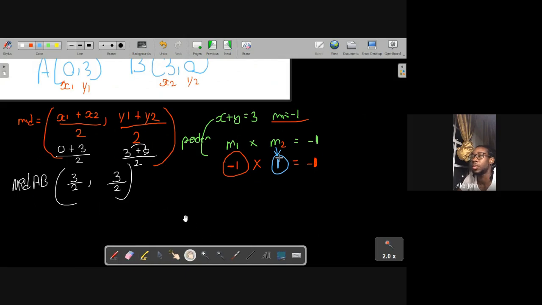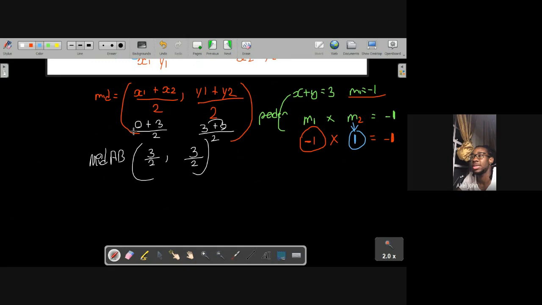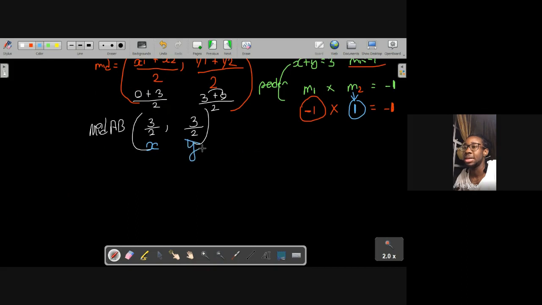So now that we found the gradient of this line, we substitute these values back into the formula, where this is x, this is y, in order to get c. Something to note, since it's passing through the origin, the y-intercept would automatically be 0, right? But we're doing this in case I have to prove it.